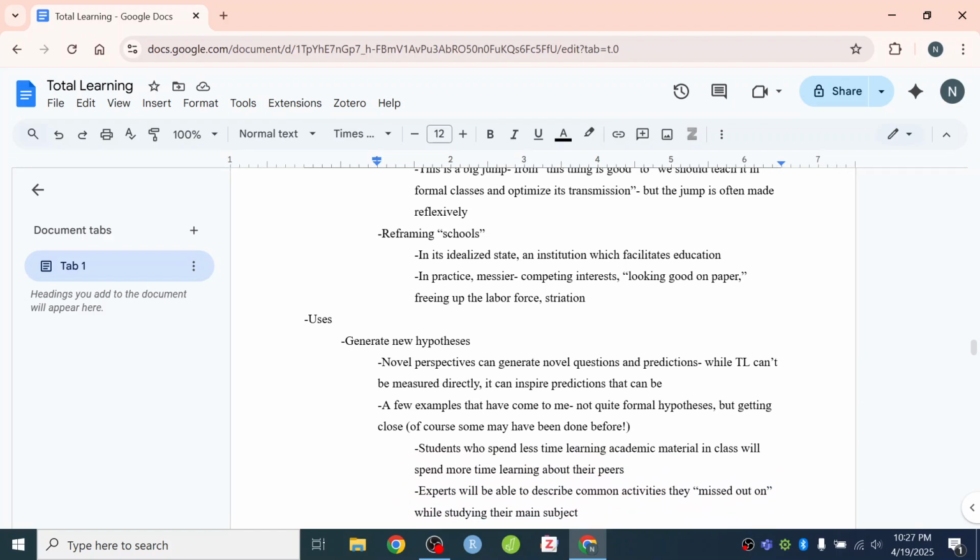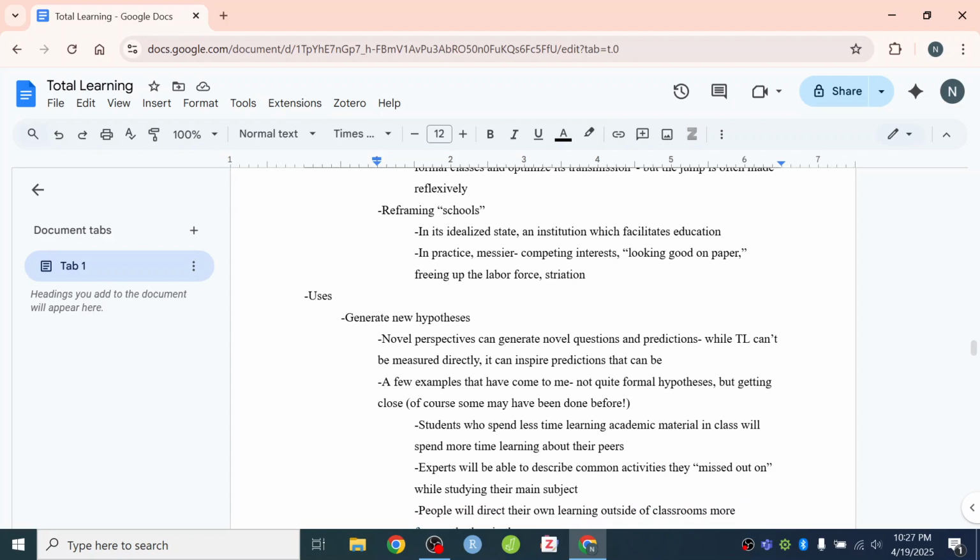One hypothesis you can lean towards, you'd have to state it more formally than this, but you might say something like: students who spend less time learning academic material in class will spend more time learning about their peers. This is getting into that implication of people learn approximately the same amount. Wouldn't this be an interesting research question to pose?